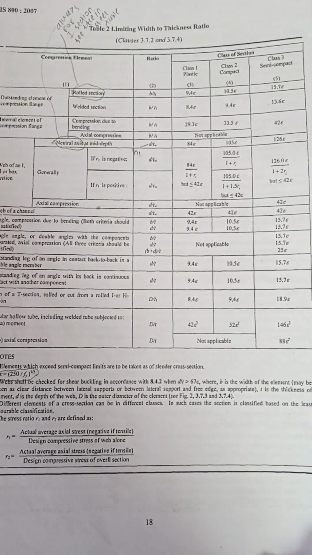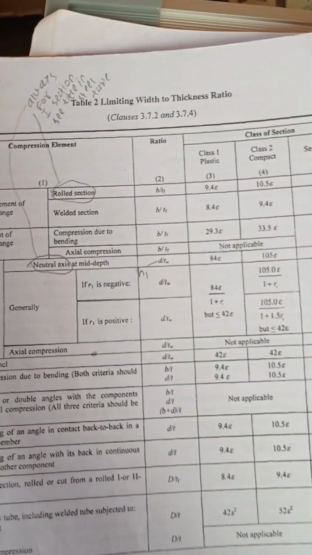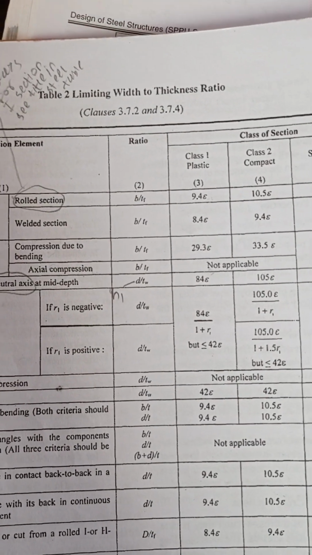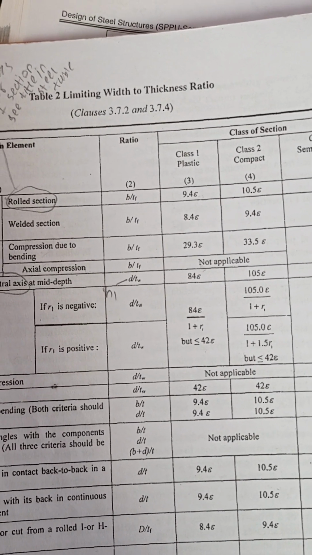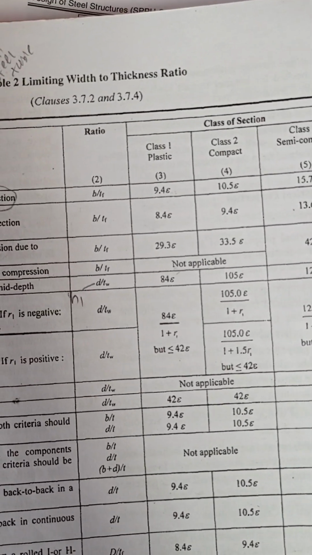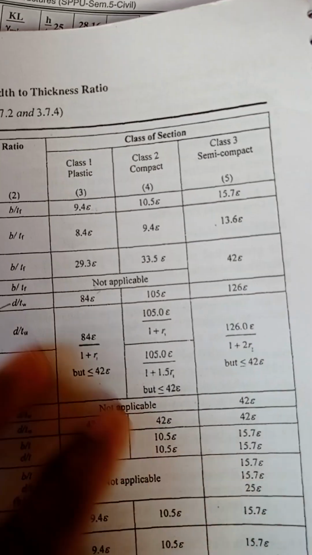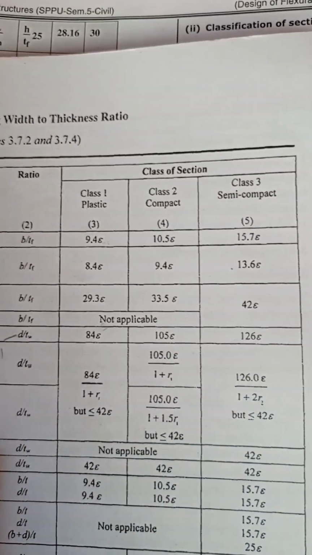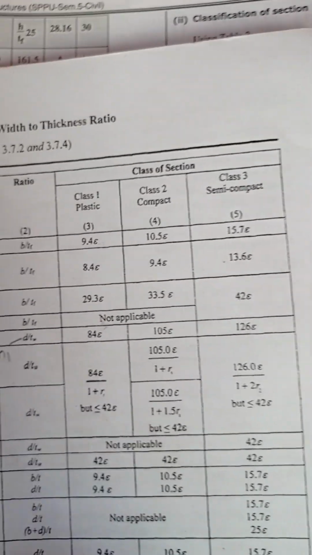which is at page number 18, you can see. So what you need is rolled steel section. The formulas are given, B by TF. So B equals BF, breadth of flange divided by 2, and TF, thickness of flange. And if it's in the range of less than 9.4, then plastic, compact, semi-compact.